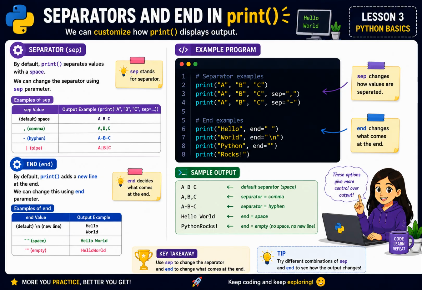This is how the separator is used in Python. Next is about end. Normally after every print statement, Python moves to the next line. Using the end parameter, we can change what appears at the end of the output. These options help us to format our output in a cleaner and more professional way.